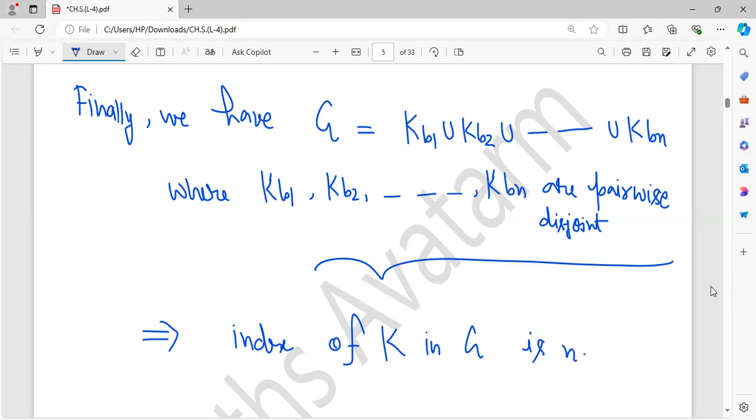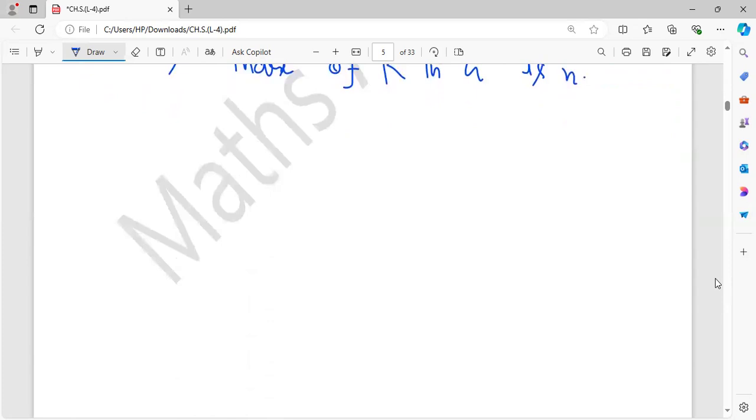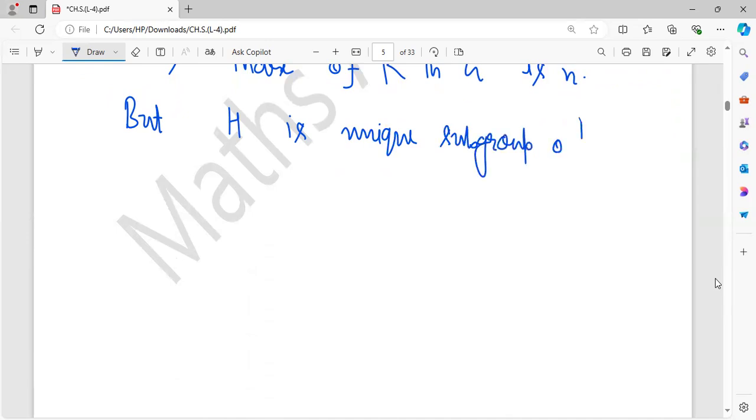But H is the unique subgroup of index N. Therefore H and K have to be equal, because H is unique.